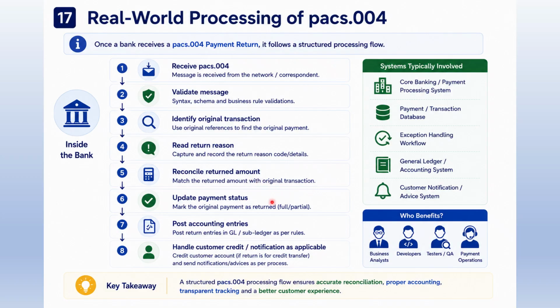The payment status is updated. The required accounting entries are posted. And finally, the customer account may be credited and the customer may be notified, depending on the applicable process. This is why pacs.004 is important not only for payment operations teams. It is also relevant for business analysts, developers, testers, product owners, and core banking teams.